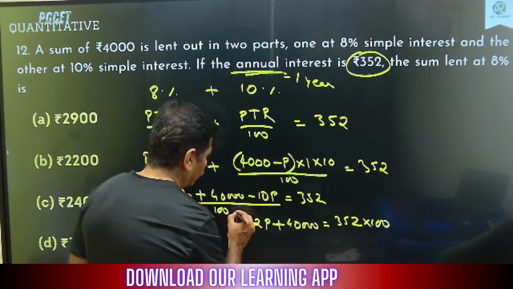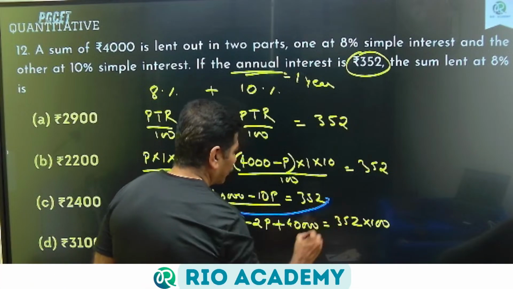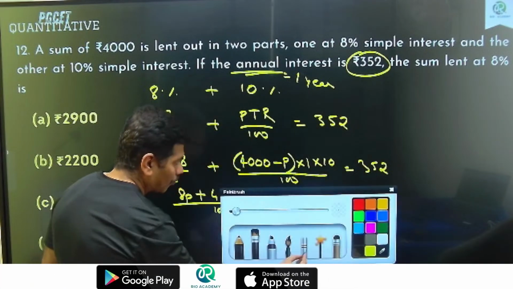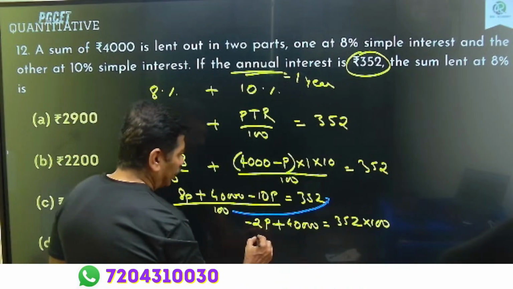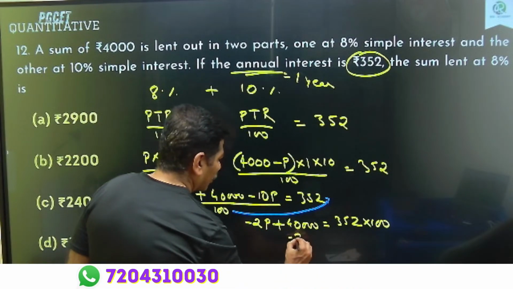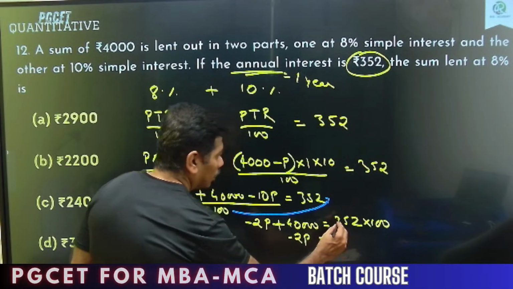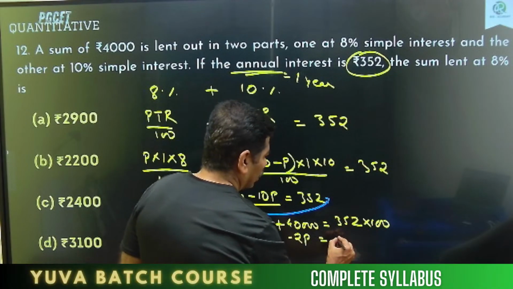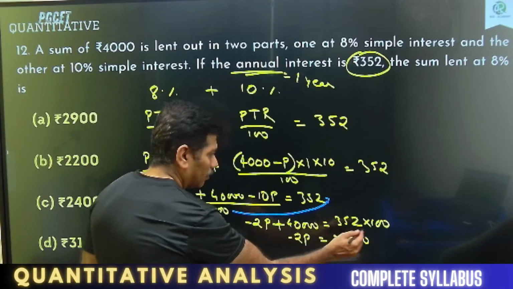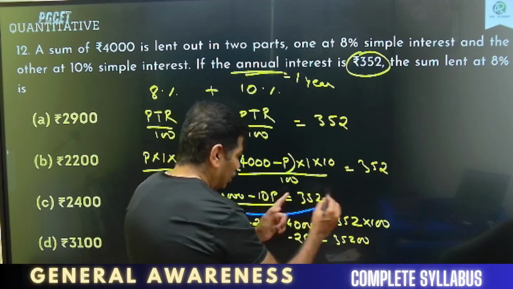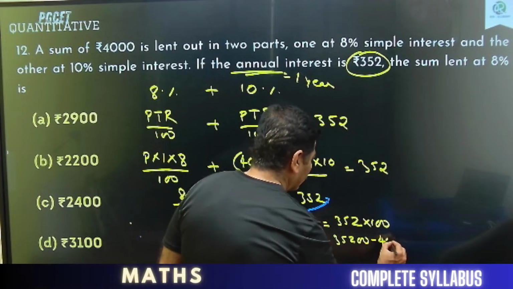So this 100 will go here. Okay, so next you will see minus 2p equals this is 35,200, which will be minus 40,000.